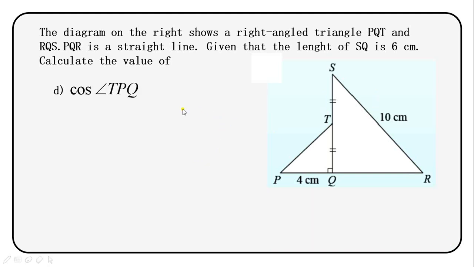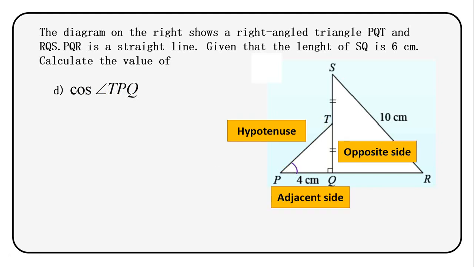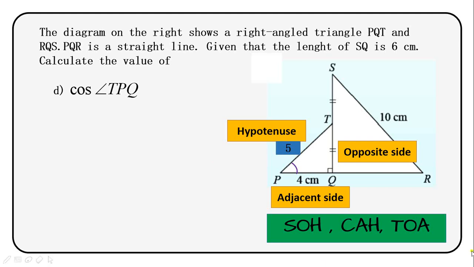Next, question C. Calculate cos angle TPQ. So this is the angle P. Identify the hypotenuse, the opposite side and the adjacent side for angle P. We know that PT is 5. So formula cos equals adjacent over hypotenuse. Adjacent 4, hypotenuse 5. So 4 over 5.